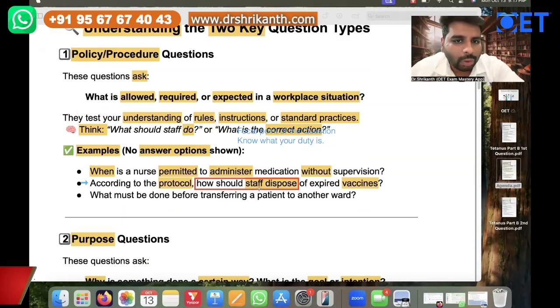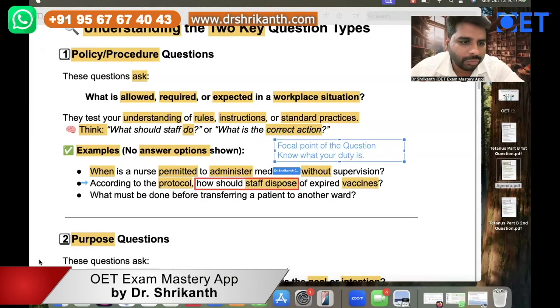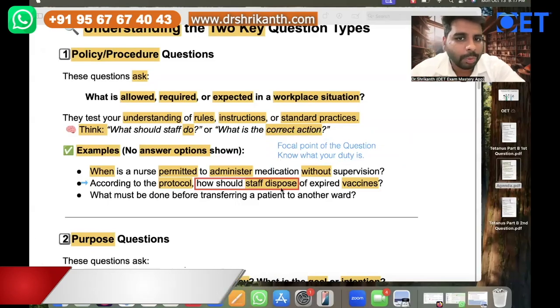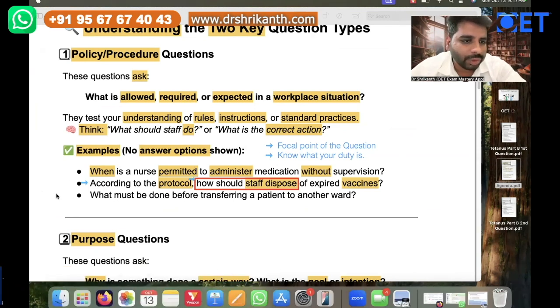This is what we call the question stem, right? Understand? Okay, so the question stem is the focal point of the question. So what's the focal point of the question? How should the staff dispose, right? And what is your duty here? Your duty is to identify what is the method in which they have to dispose of the thing. So this is what we call the stem of the question, right?